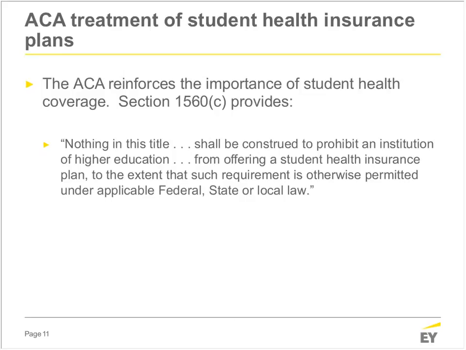So that coverage needs to comply with the market reforms, it needs to comply with the mandate rules, and there isn't any particular special treatment that institutions of higher education are entitled to under Section 1560C.